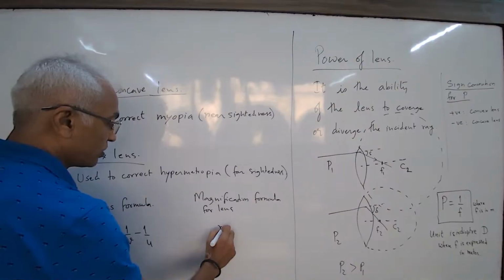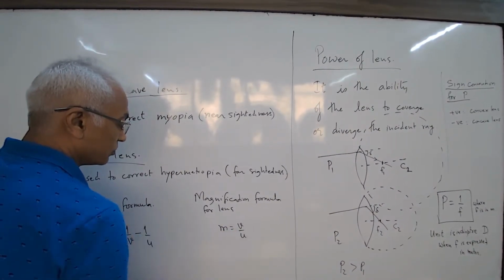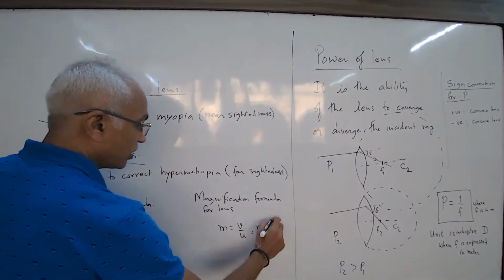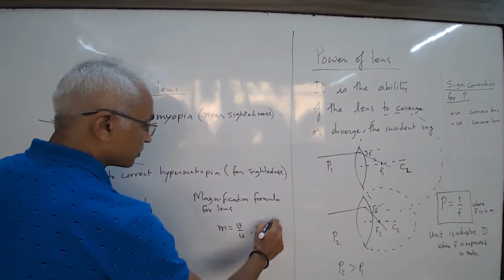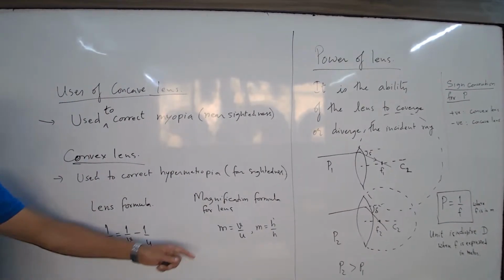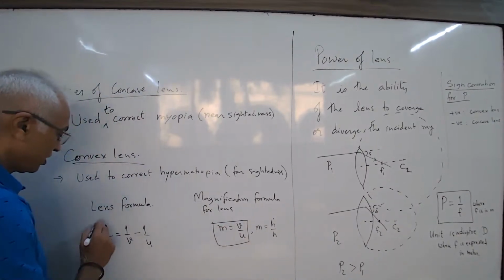And the magnification formula for lens: m is equal to v by u, and this remains the same: h dash by h. So v by u, here the sign is changed.